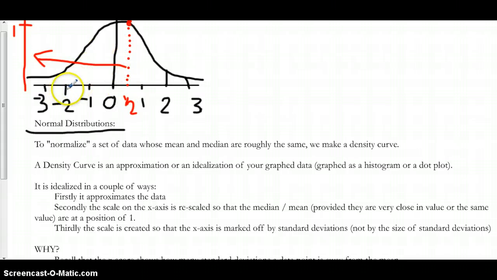It's very visual, it's standardized, so it's always the same no matter what particular data set you're talking about. If I said that I lie 1 standard deviation away, everybody would know that I'm talking about the 84th percentile. So it just makes it something that we can talk about for any data set.